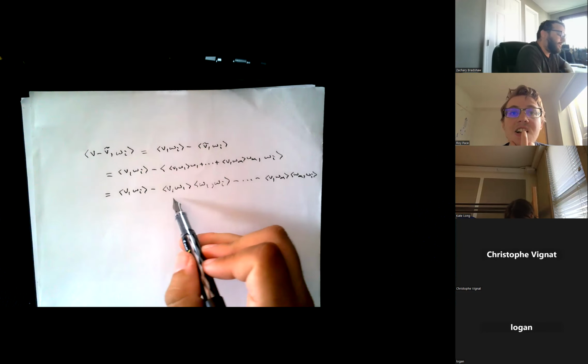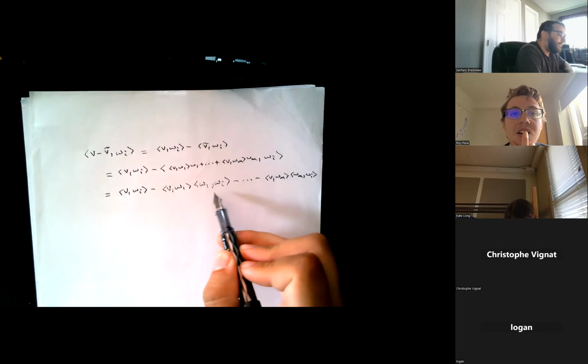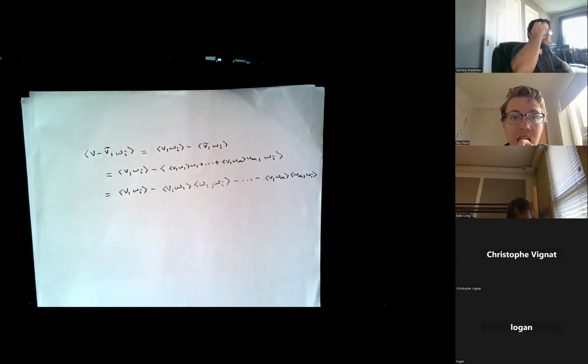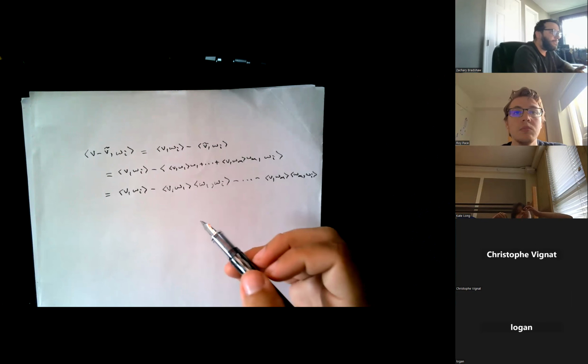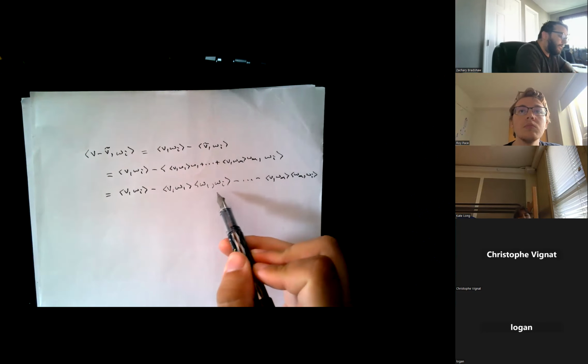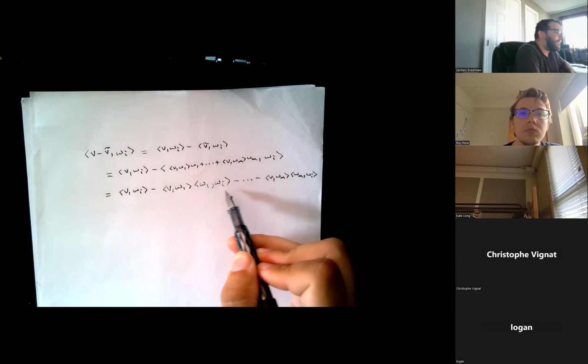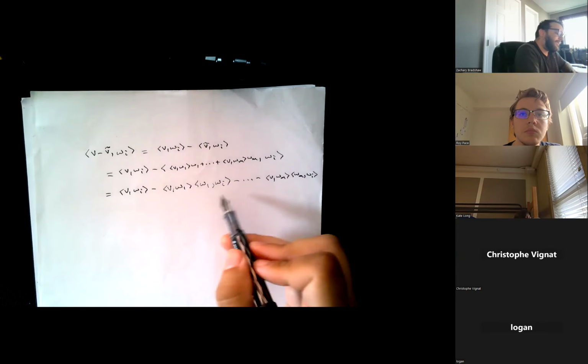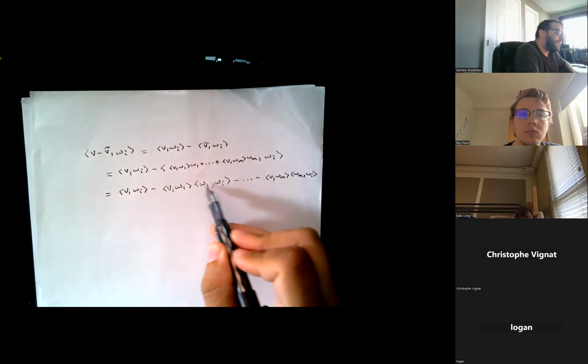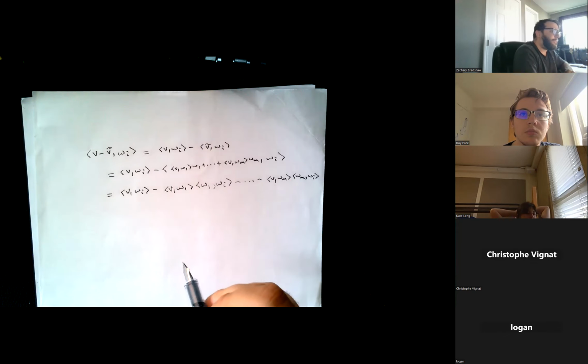Since we're assuming that the basis was orthonormal, which we can do by the Gram-Schmidt procedure, all of these wj inner product wi will be 0, except for the case where this first one is wi.